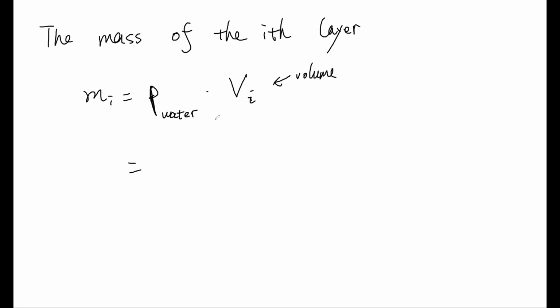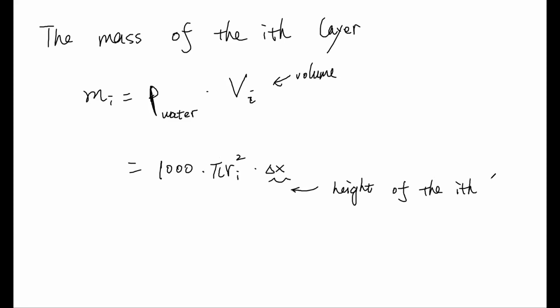The density is given by 1,000 kilograms per meter cubed. The volume of the cylinder is given by pi Ri squared multiplied by delta x. This is the height of the ith layer, and this is from how we divide the interval into a lot of subintervals.